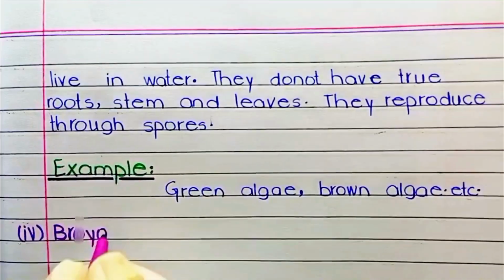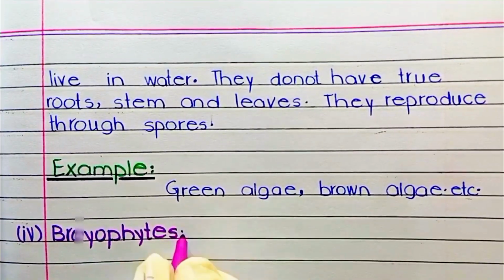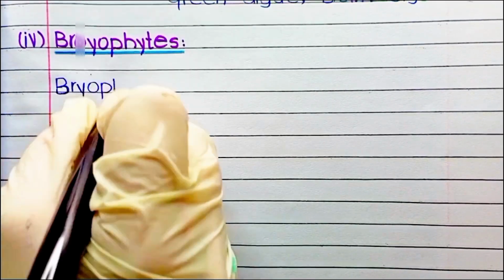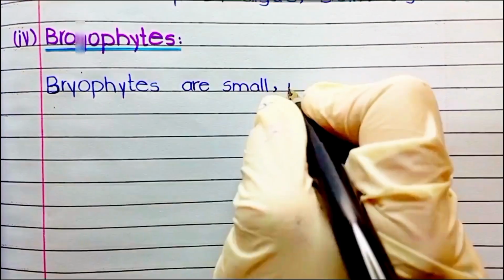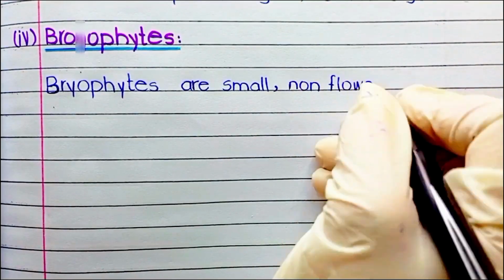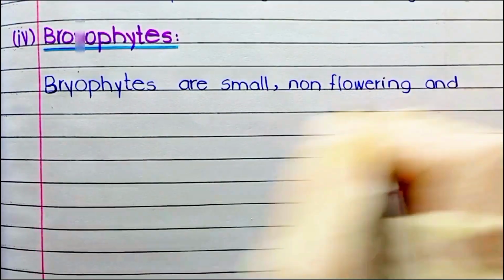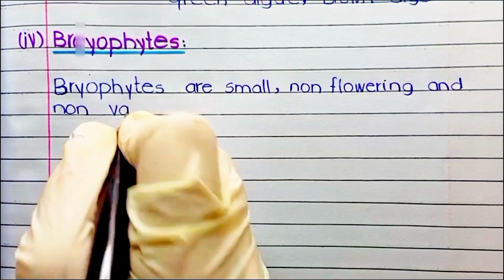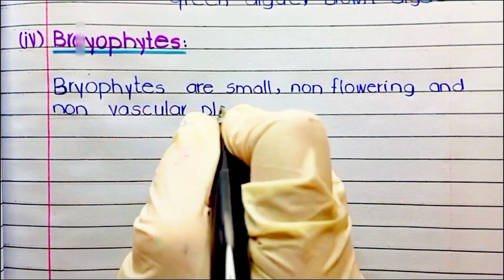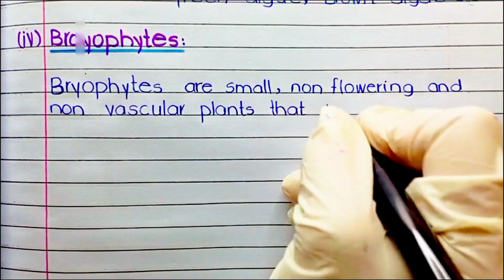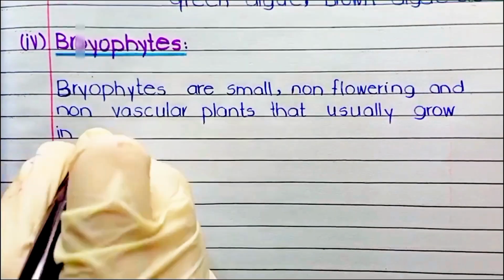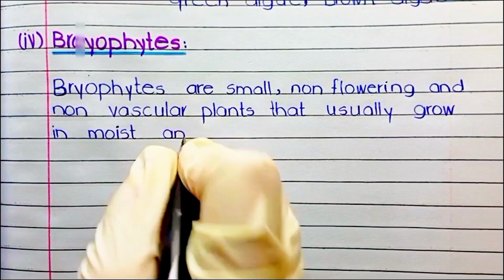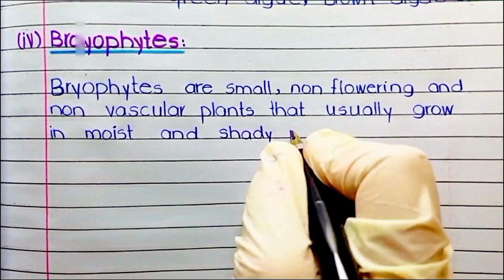Bryophytes. Bryophytes are small, non-flowering, and non-vascular plants that usually grow in moist and shady places.